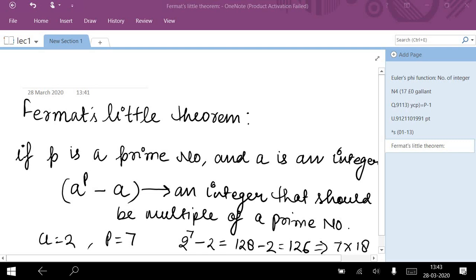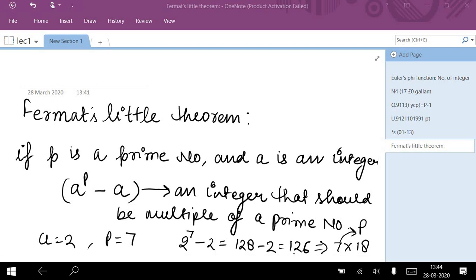Now you can see this 7 is again the value of p. So that's why the sentence tells you that a to the power p minus a gives you an integer, that is 126, that should be the multiple of a prime number. If you multiply 18 into this prime number, you will get a to the power p minus a. So Fermat's little theorem gives you this concept.